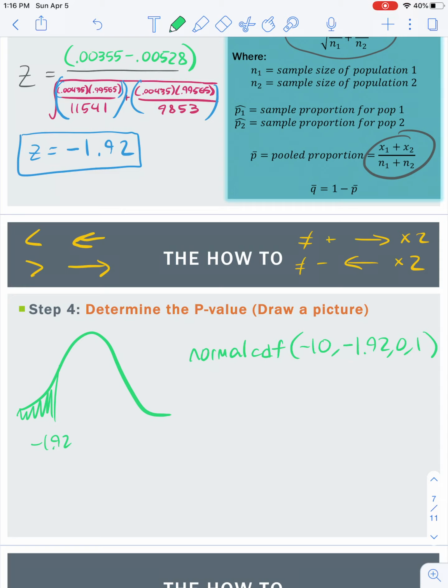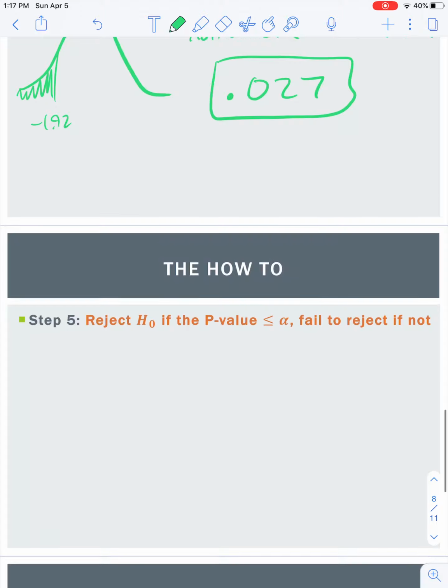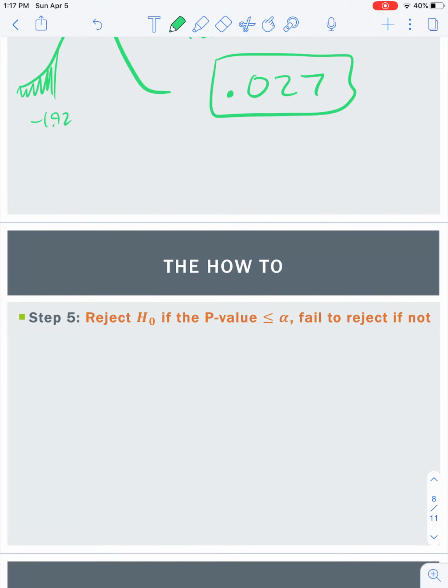So I'm going to type that into my calculator. And I'm getting a p-value here of 0.027. The conclusion is going to happen the same way it did before, where we're going to reject if the p-value is less than alpha, and we're going to fail to reject if it's not.